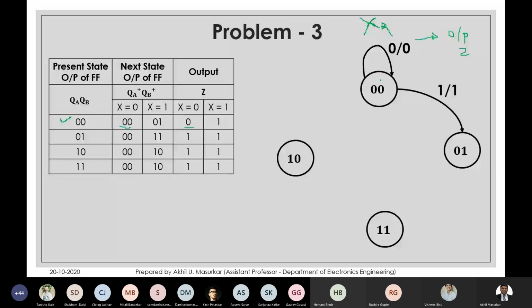Similarly, Ruchira, can you complete this 0, 1? Yes.